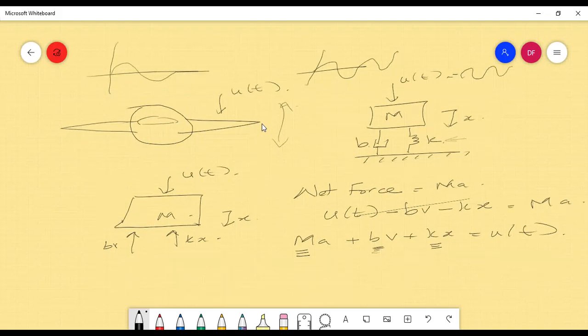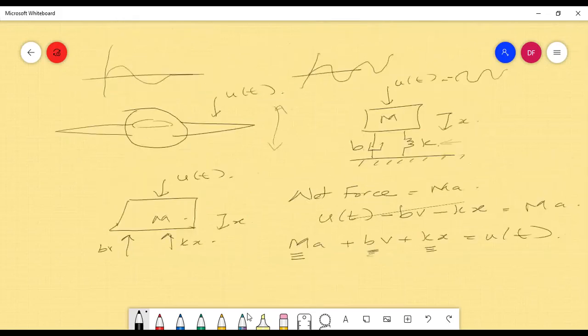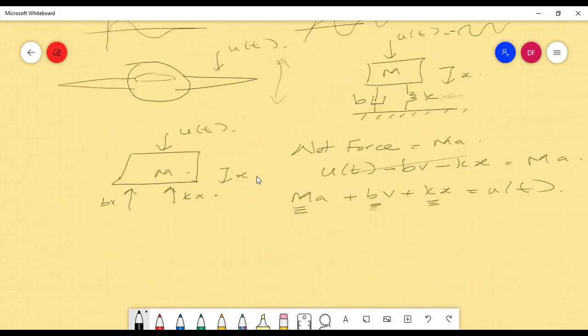And just the analogous circuit to this circuit here.